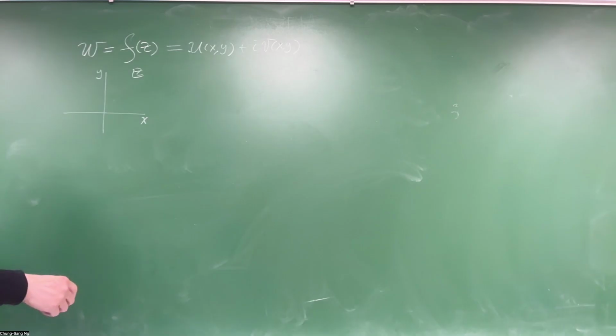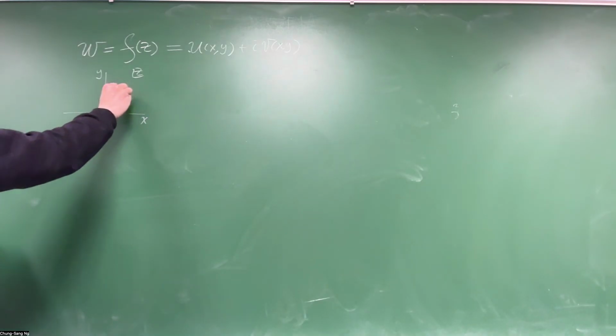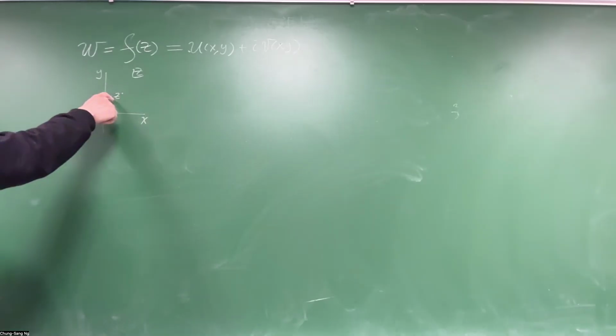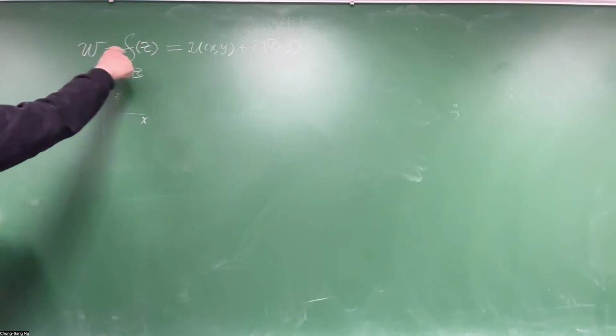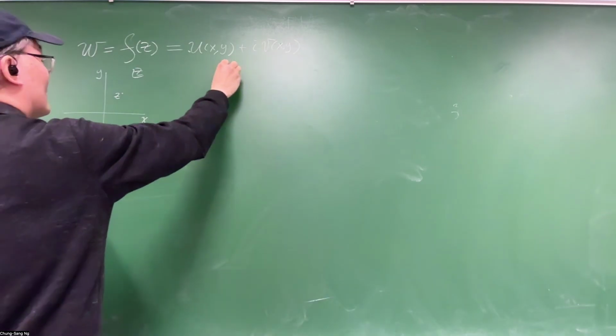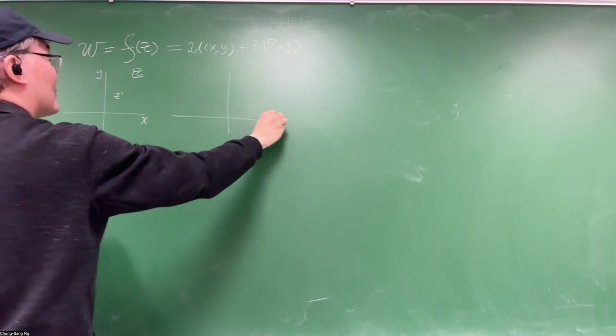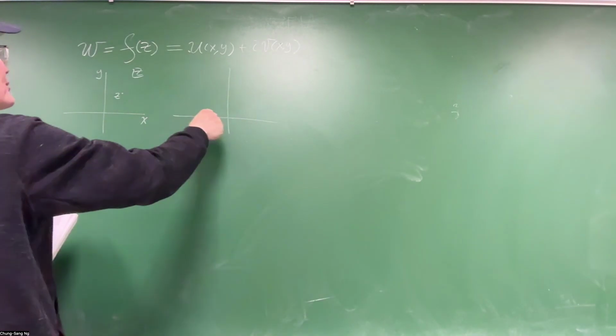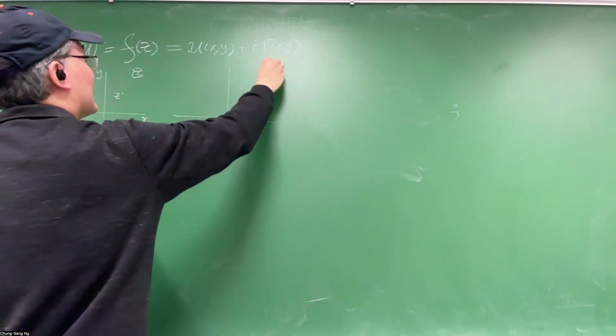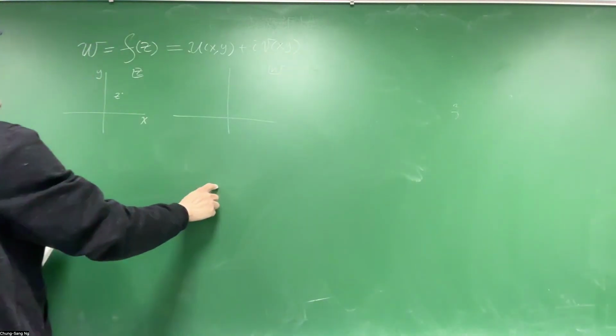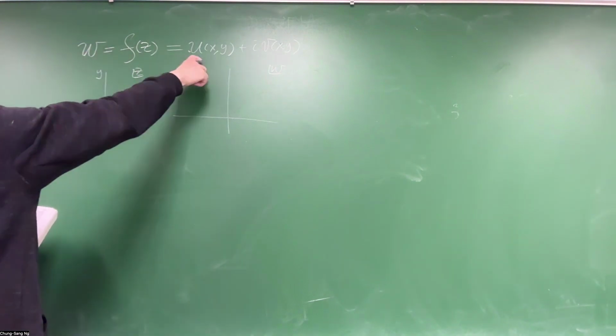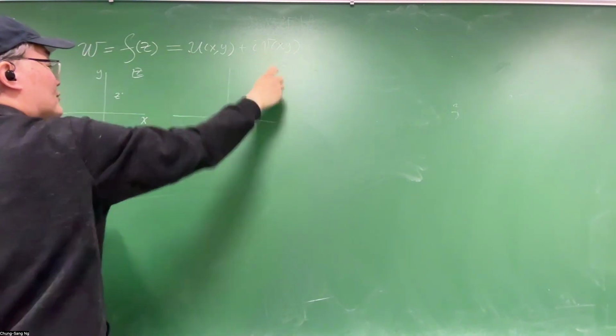Then any point on the complex plane, like z, you can evaluate this function W and find the corresponding point on the new complex plane, which is the W plane.